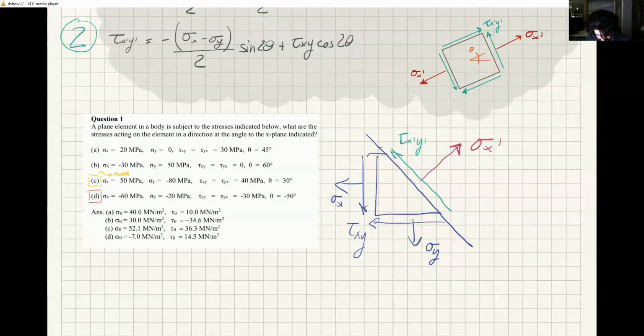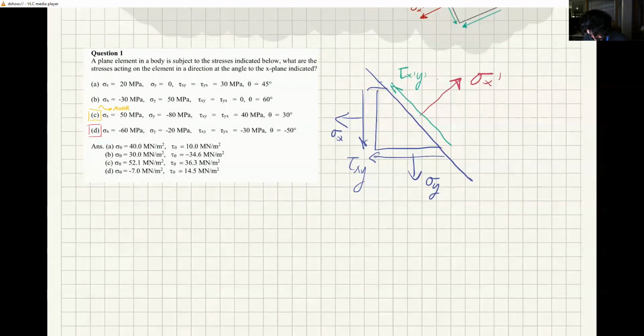So for sigma x prime, let's solve question 1D. First of all, let's draw the infinitesimal. Let me draw it larger.